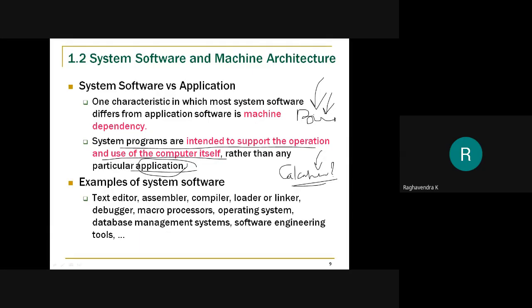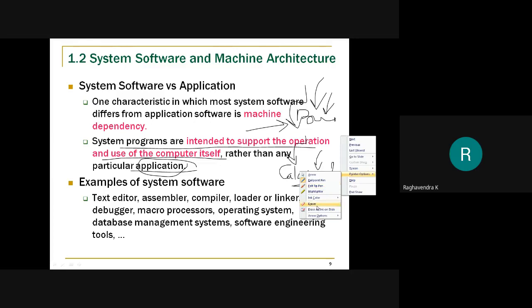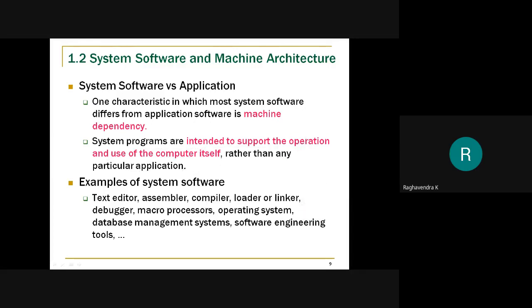But how does it accomplish its task? It achieves it through various system software. In order to run this application, it needs support on the computer system, and the support is provided by system software. So this is the major difference. Application software is particular to an application.